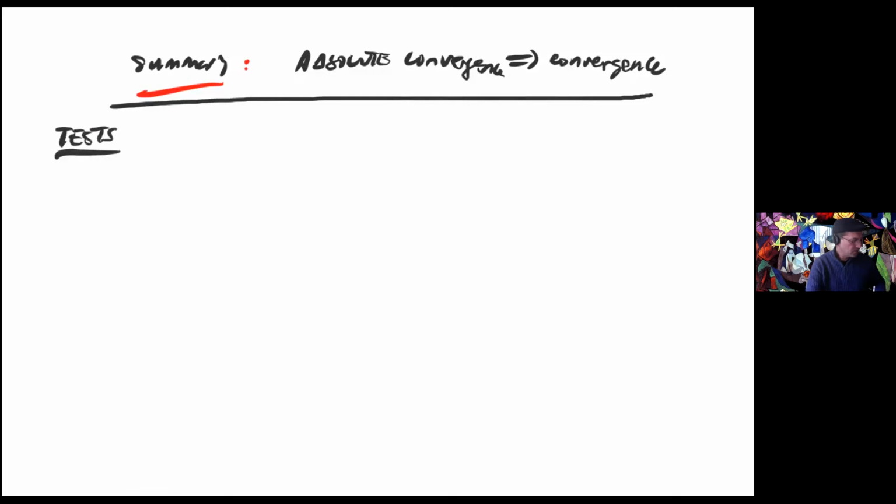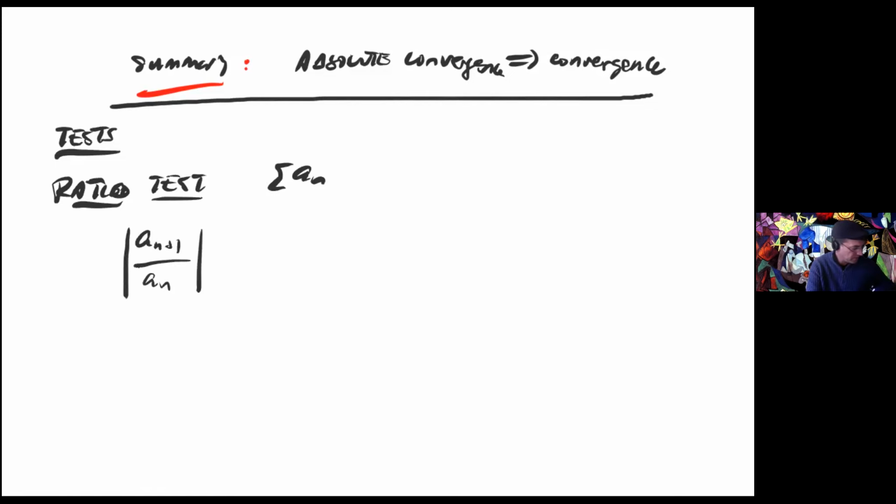I'm going to introduce two tests. One is called the ratio test, which is extremely useful. It's the ratio test for absolute convergence. So you have a series, sigma a sub n, and the ratio test says this, okay? And there's no condition on the series whatsoever. So we look at the following thing. We take the (n+1)th term of the series, and we divide it by the nth term, and we take the absolute value.